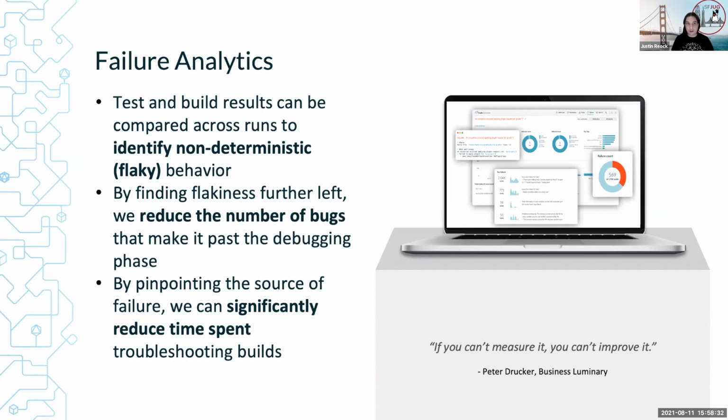We want to compare test and build runs across multiple runs to ensure that we aren't running into flaky or non-deterministic behavior. If we find this flakiness in the test further left, we can improve the state of that test for all developers so that they're not hit with those same bottlenecks. And we can significantly reduce time spent on troubleshooting builds if we're able to look at trends and failures across the whole organization.